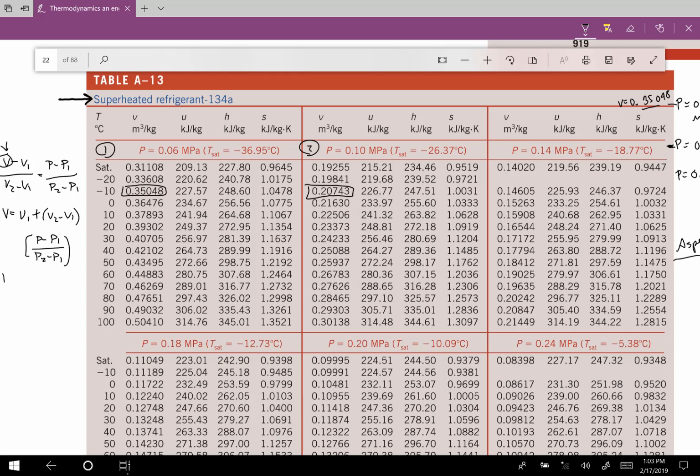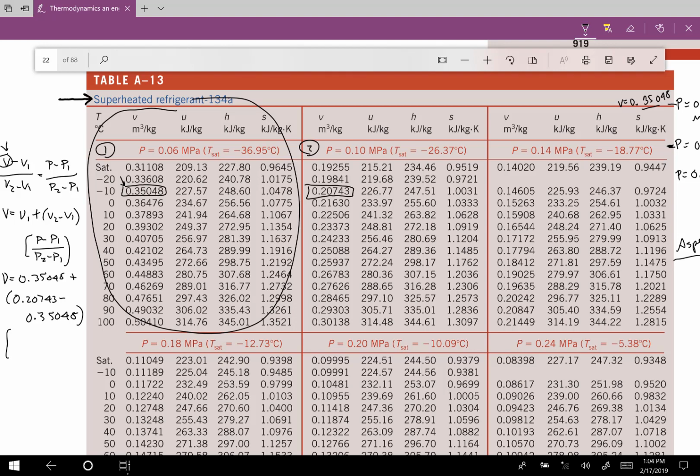is. So our specific volume is equal to V1. Since I've defined this particular table as 1, V1 is going to be 0.35048, plus V2 minus V1, so 0.20743 minus 0.35048, and then this is all multiplied by P minus P1 over P2 minus P1.